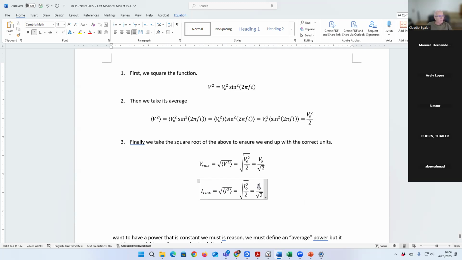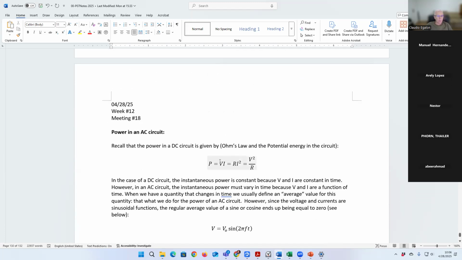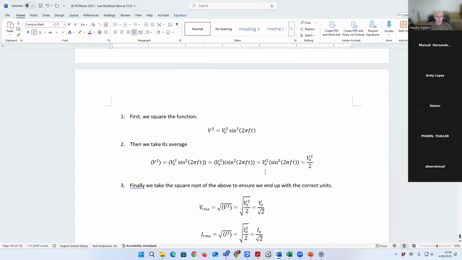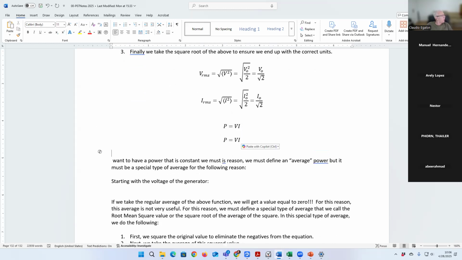When we combine those two results for the power, what do we get? Let's go back to the power equation right here. We have to take the root mean square value of the power.